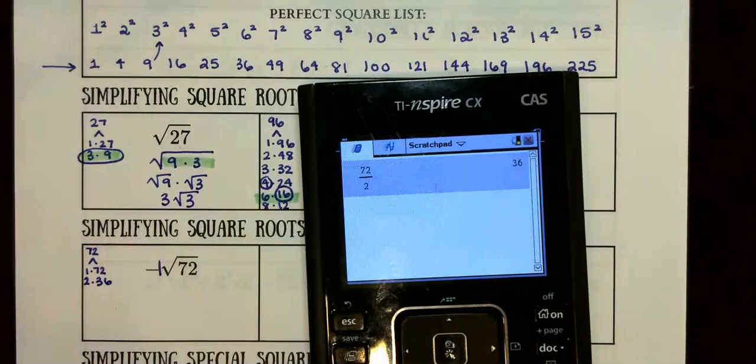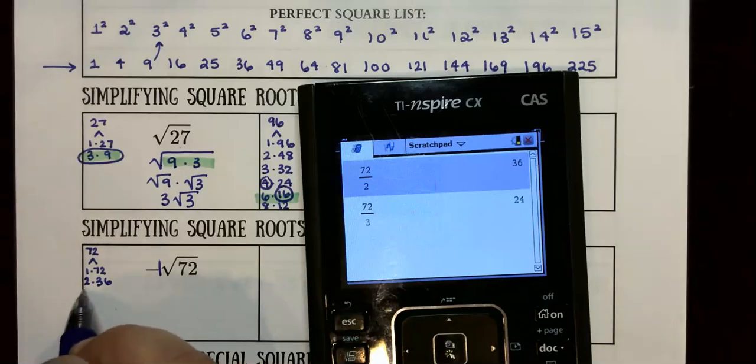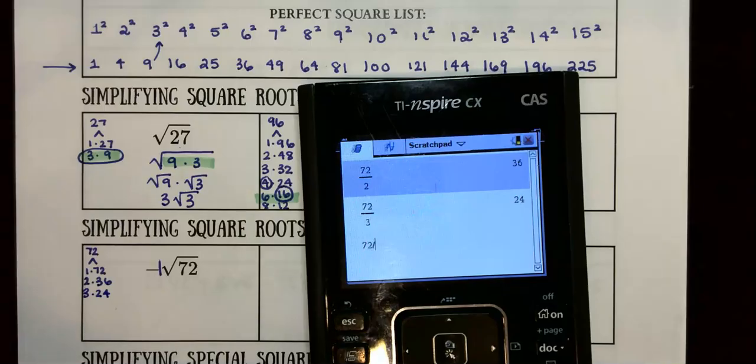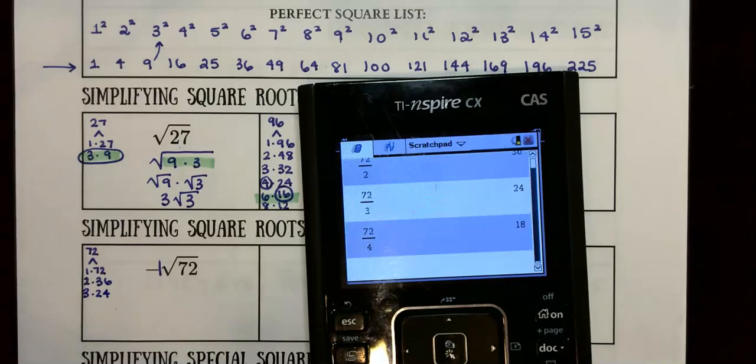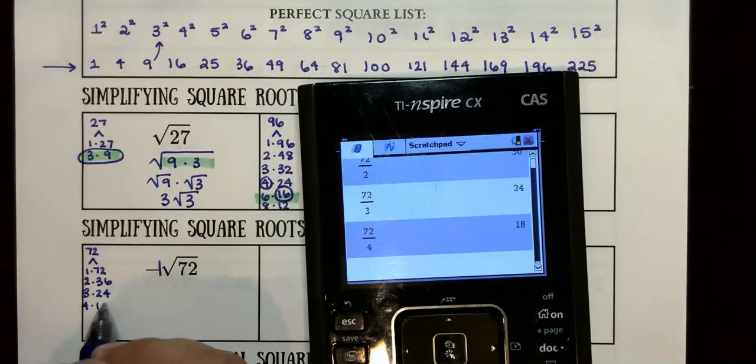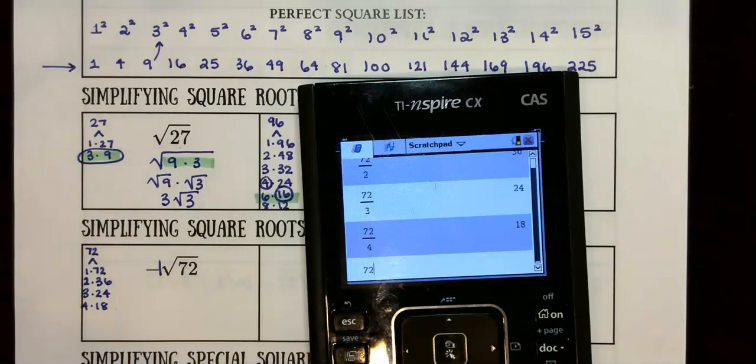And so my process is just to go through all the numbers. So that was 1, 2. Let's do 72 divided by 3. Gives me 24. 72 divided by 4 gives me 18. Now I know 5 will not divide into 72, but I want to show you what will happen if you divide by a number that is not a factor.